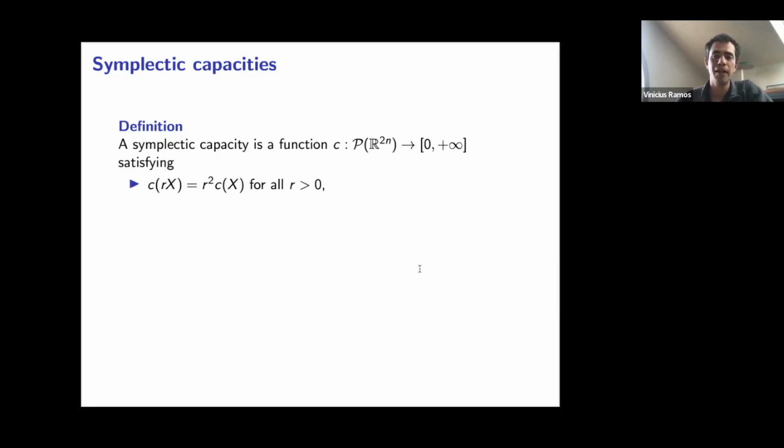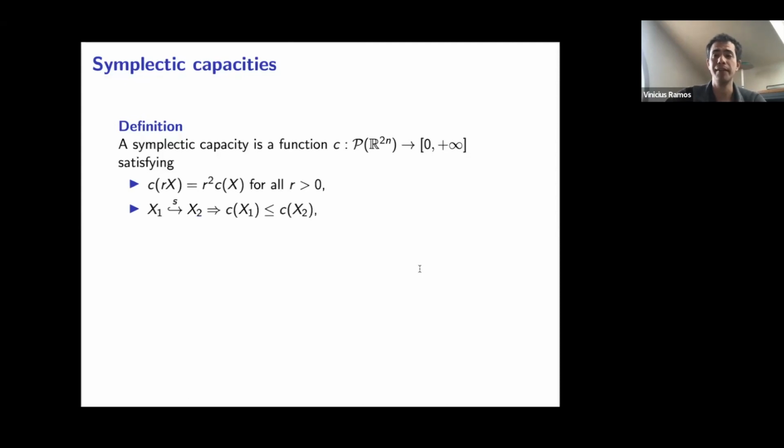First, it scales with R squared when you multiply your set by R. So it's a two-dimensional invariant, even in higher dimensions; you can also think of it as scaling with the symplectic form if you scale the symplectic form instead.